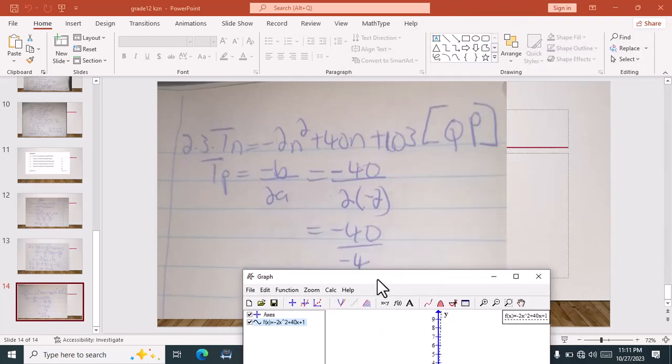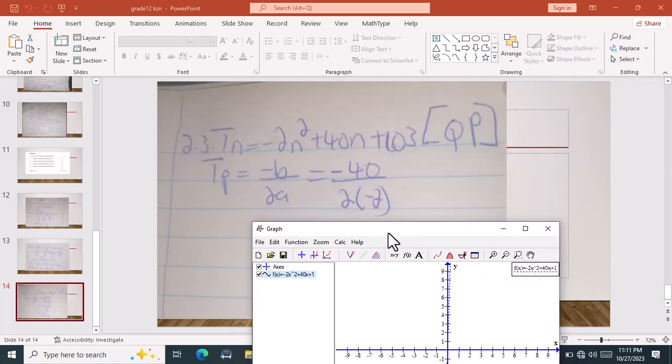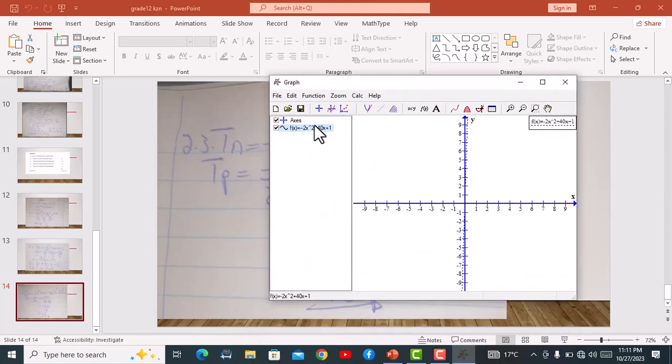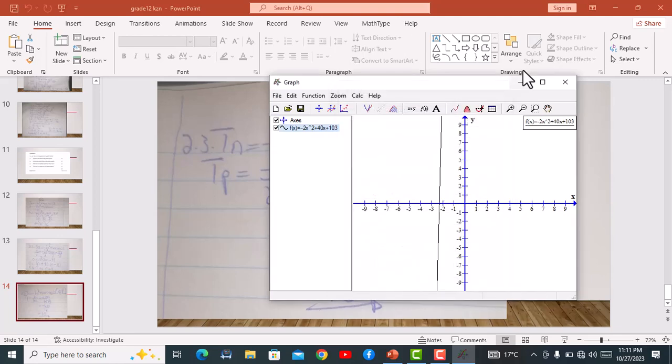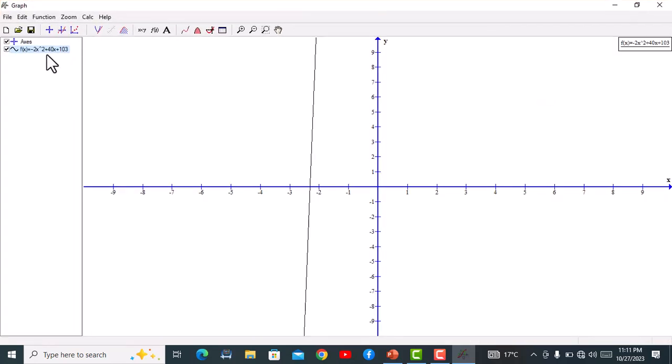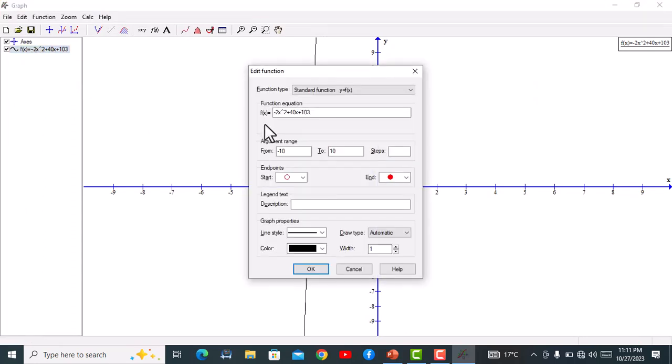Let me check. No, it was positive 103. So let me just edit this. 103. And let me just use a solid line. Okay, it looks like I have made a mistake here. So let me just do this. We have 2x squared.